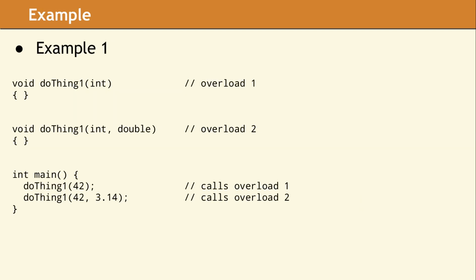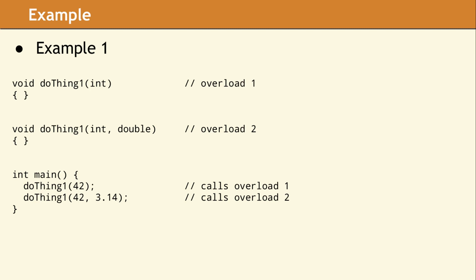This example shows the most basic form of function overloading. Here we have two overloads of the function doThing1. The first overload takes one int parameter, and the second overload takes an int and a double. In the first call in main, we are passing the value of 42, which is a single int, so the first overload is invoked.